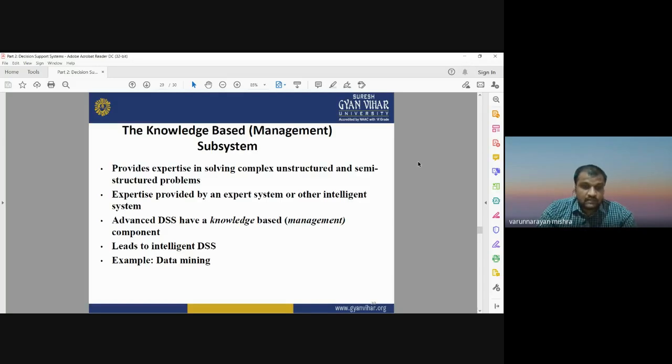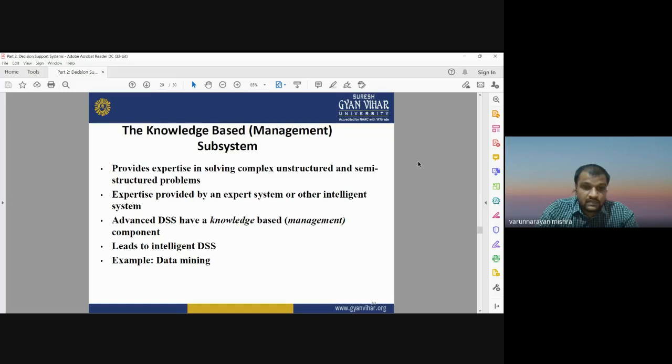But if you are not able to see any direct solution, then these kinds of problems are known as unstructured problems. So these unstructured and semi-structured problems will be discussed in the next classes. Okay, so the knowledge based management system provides us the expertise or other intelligence system.